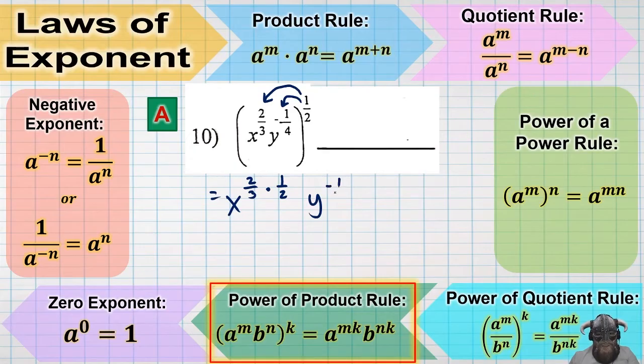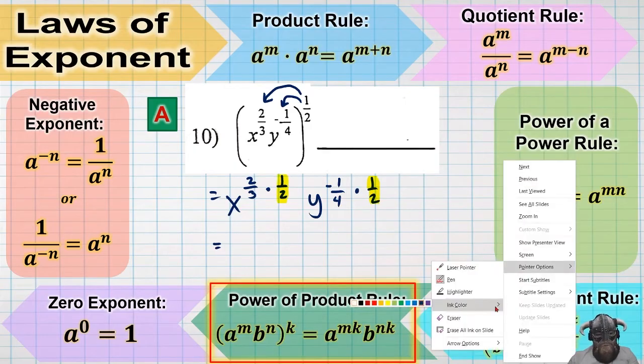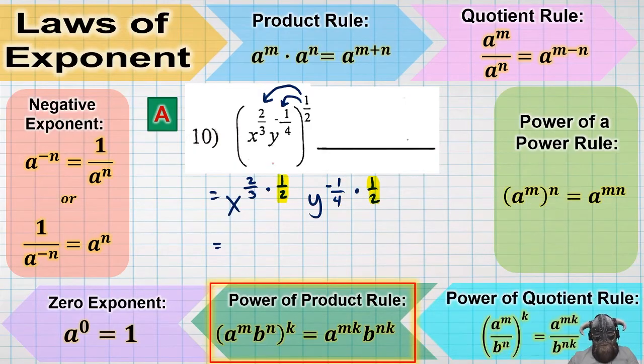So, pwede natin ilagay sa taas yung negative 1 or yung negative sign. So, negative 1/4 times 1/2. So, ayan, na-distribute natin yung 1/2 for both of the exponents inside. So, right now, we just need to multiply numerator times numerator.